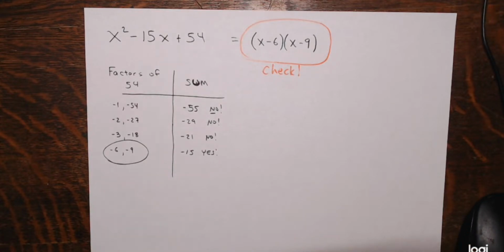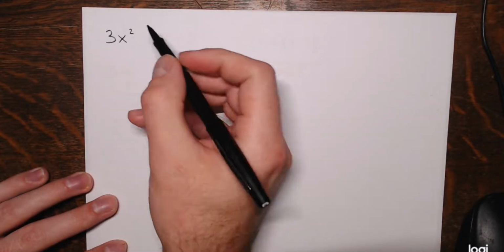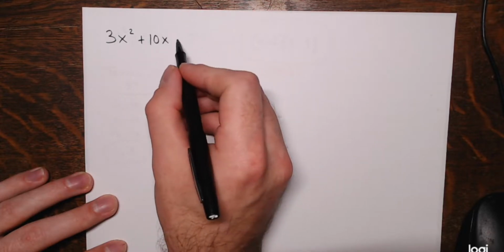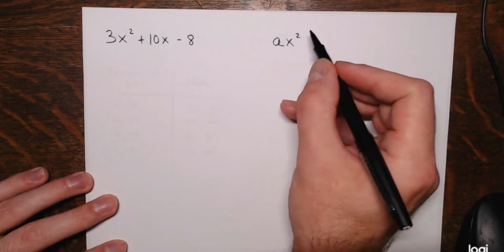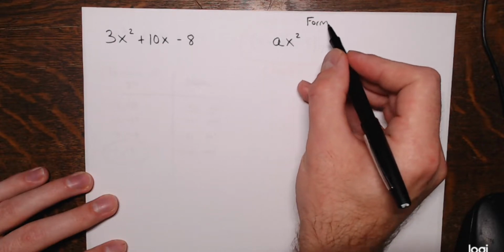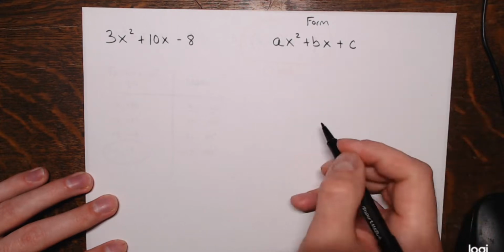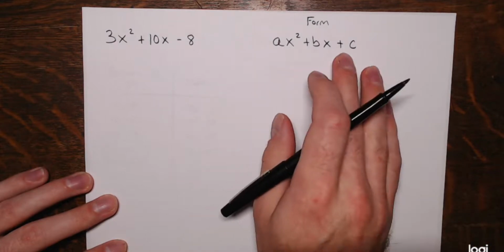So this polynomial, we have 3x squared plus 10x minus 8. Now we're factoring polynomials of the form ax squared plus bx plus c. I'll show you the steps I would take here to factor this by grouping.